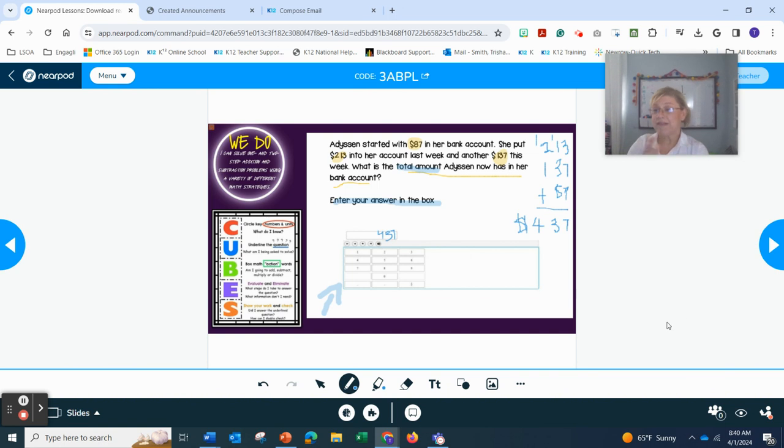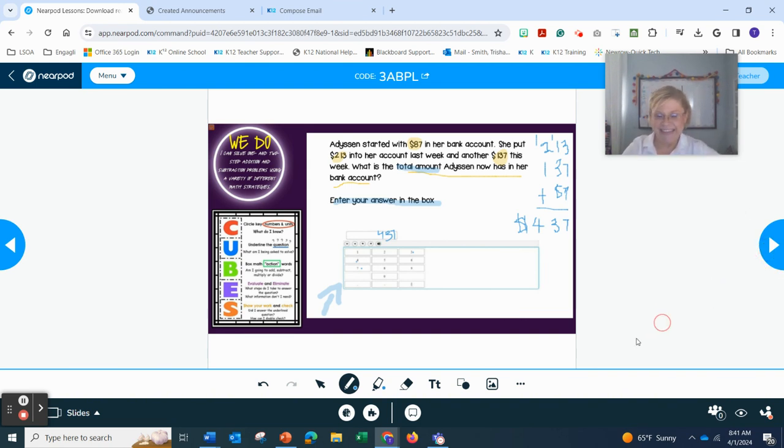Now, if this was a STAAR, interim, or even MAP test, you would need to click each answer choice, 437, and it would pop up 437. Remember, though, we get excited when we see this because it does look like a calculator, and we're like, yes, it's going to do the work for us. But no, it is not a calculator. It is just another way to answer those questions.